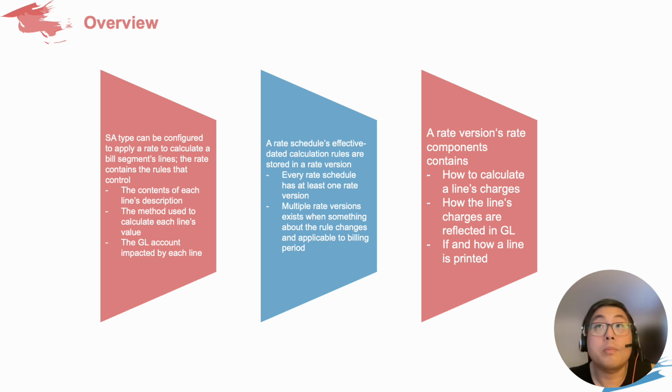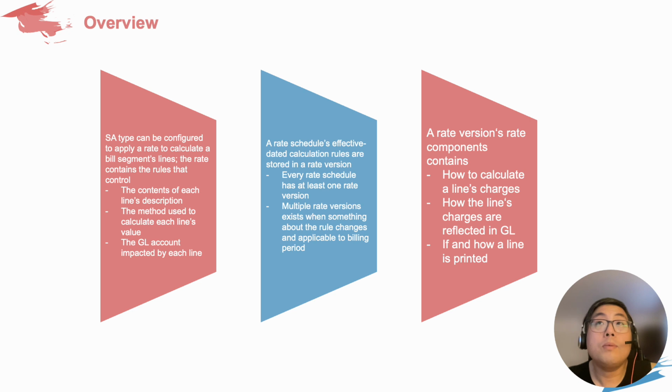So service agreement understands which set of rate components underneath the rate version to be applied when billing kicks off. Okay, and lastly, a rate version's rate component contains how to calculate a line's charge, how the line's charges are reflecting GL, and if and how a line is printed.